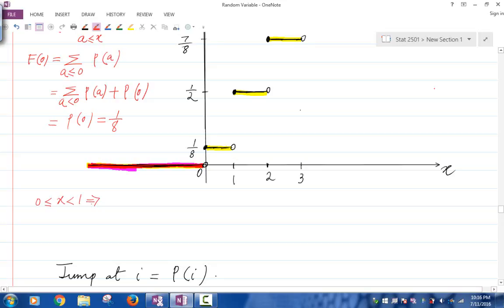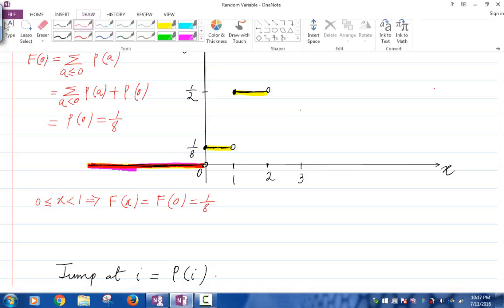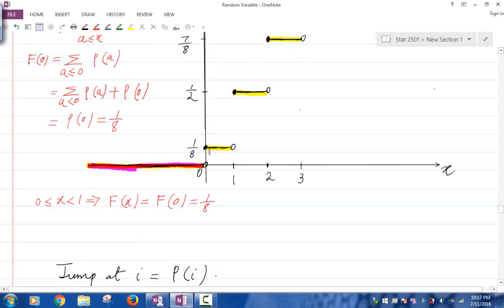In that case, what can I say about F of x? Well, it should be the same as F of 0, which is 1/8. So basically that means the value of the CDF function is 1/8 all the way between 0 and 1. Now at 1, what happens?